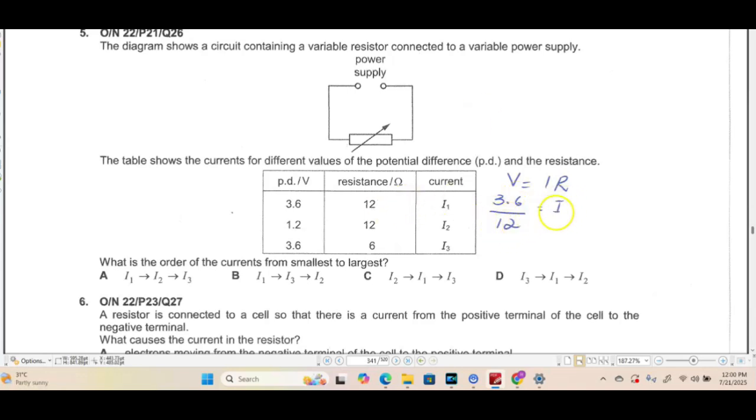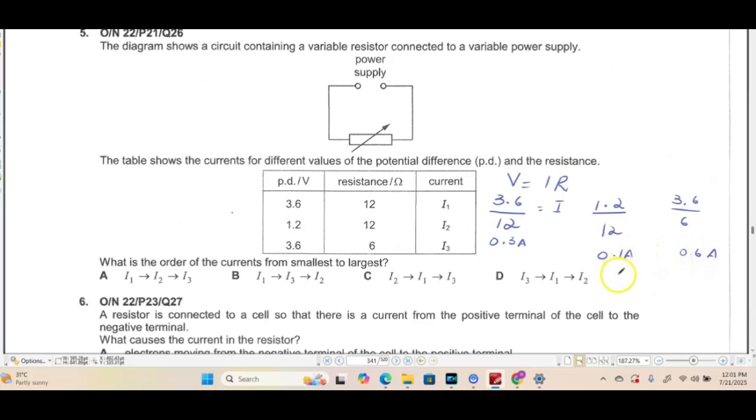Okay, so over here we are going to get 0.3 amperes. For the second one, we have 1.2 over 12, and this is going to give us 0.1 amperes. And then we have 3.6 over 6, so this is going to give us 0.6 amperes.